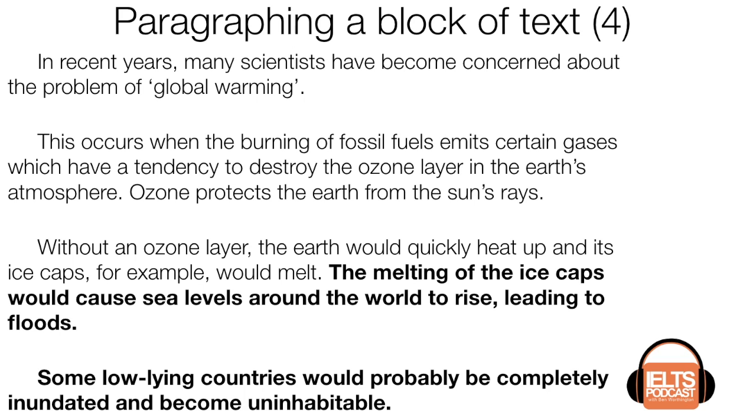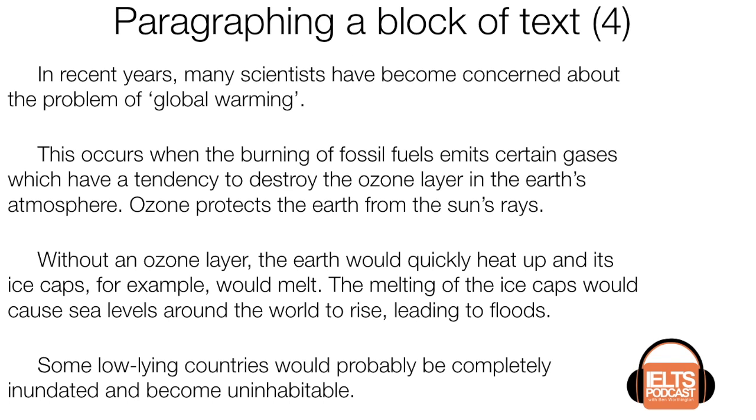Let me just emphasize this again. The first sentence is stating what would happen, and then the second sentence is exploring the consequences. So these are logically linked, and that's how they should be. That's why they should be together in the paragraph.